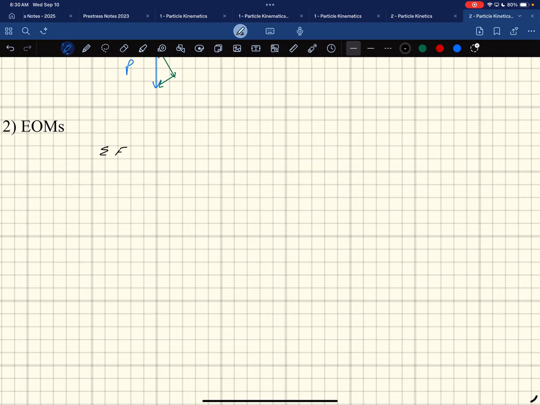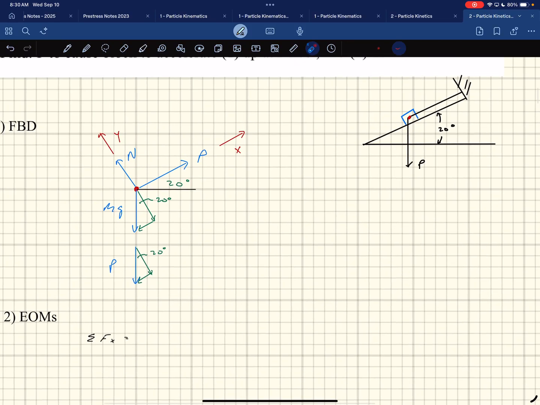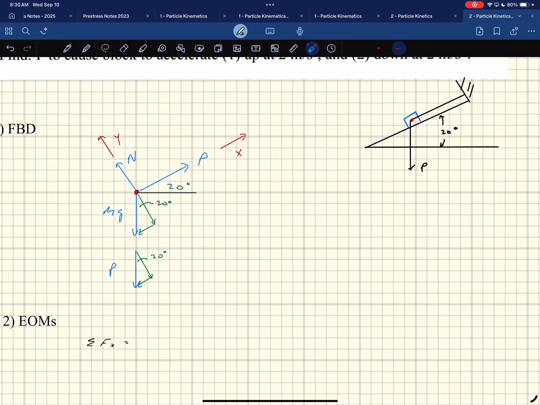So, sum of the forces in the x direction. We come up to our free body diagram and ask what forces are acting in this x direction. Well, I have a positive P right there. I have a negative mg sine of 20, and I have a P sine of 20.